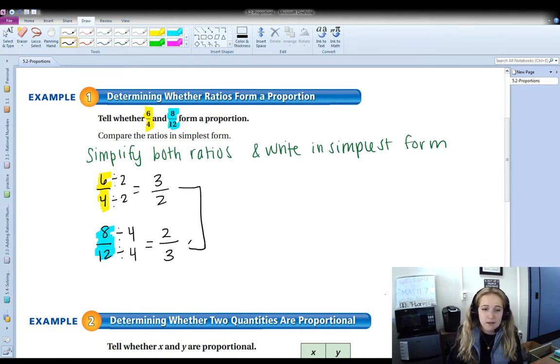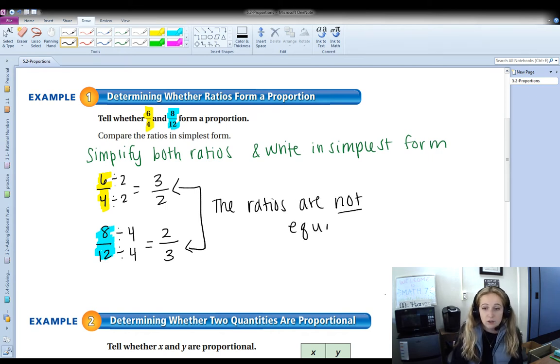So now we need to compare both of these fractions. Be careful. Make sure you notice what number's on the top and the bottom. The first fraction says 3 halves, 3 over 2. The second one says 2/3, 2 over 3. Therefore, these are not the exact same. So the ratios are not equivalent, okay?